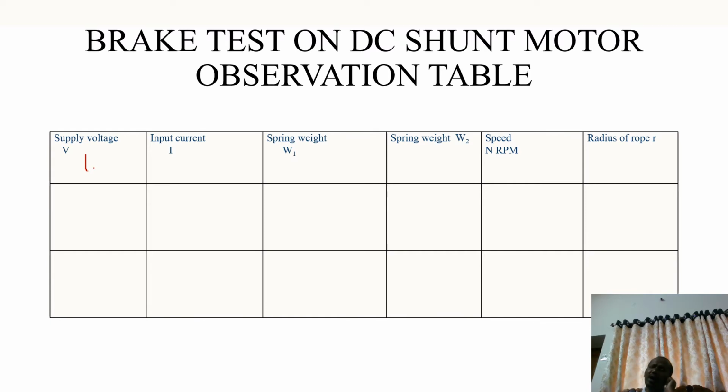When we keep the variable rheostat at the maximum point, a very small current passes through the field and the maximum current passes through the armature. At that condition, the motor will rotate at normal, maximum speed, N equal to approximately 1500 rpm.